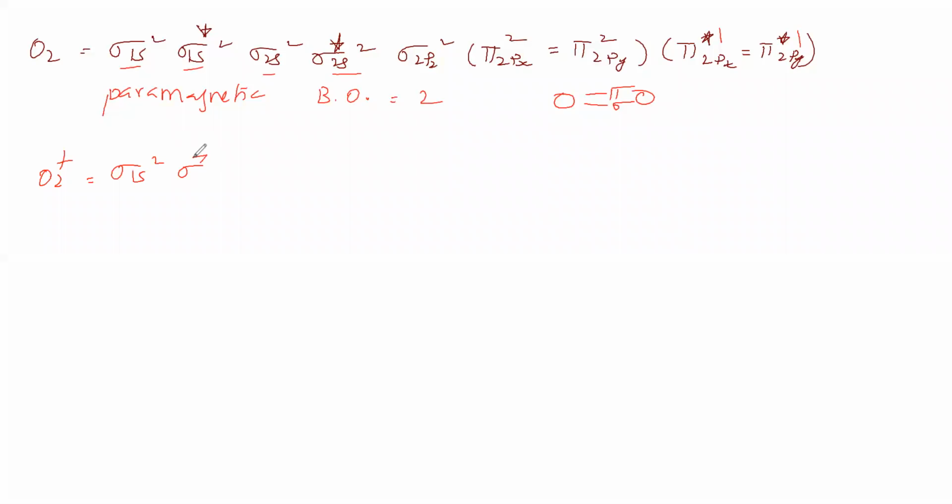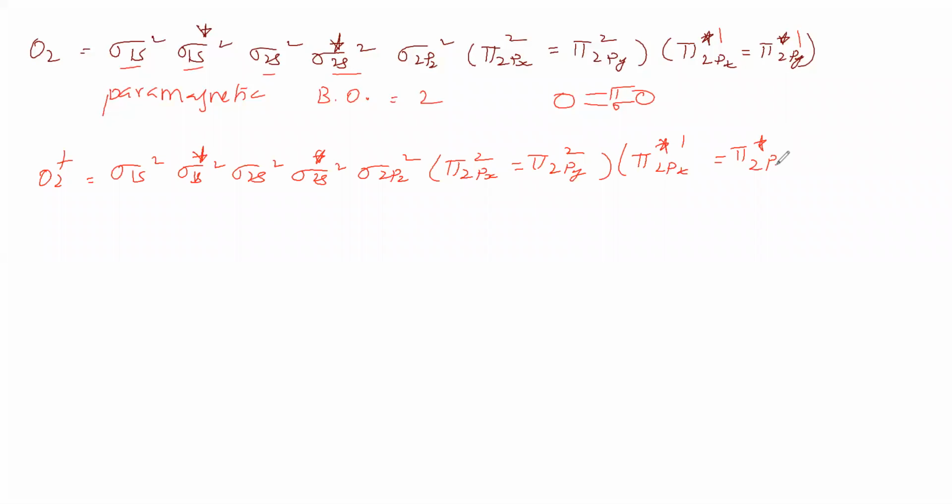Sigma 1s2, sigma star 1s2, sigma 2s2, sigma star 2s2, sigma 2pz2, pi 2px2, pi 2py2, then pi star 2px1, pi star 2py0. In pi star 2py no electrons are there, and pi star 2px contains one electron. Now, one unpaired electron is there, therefore it is paramagnetic.